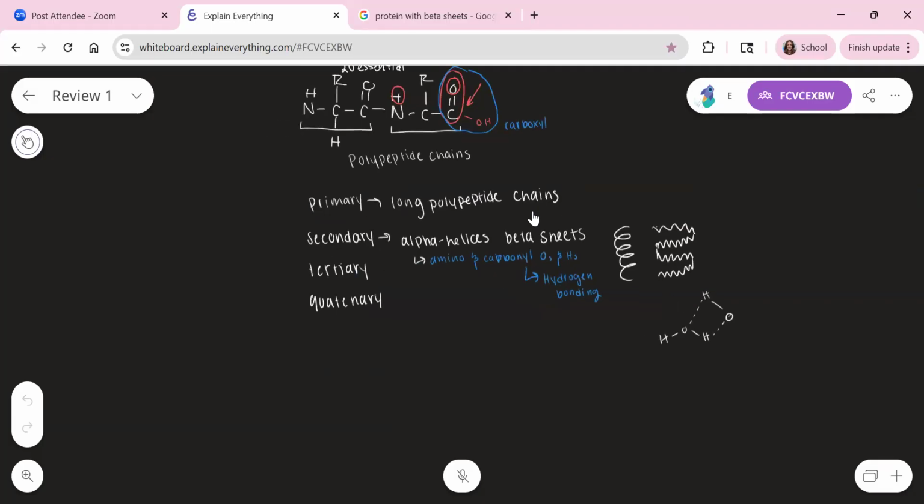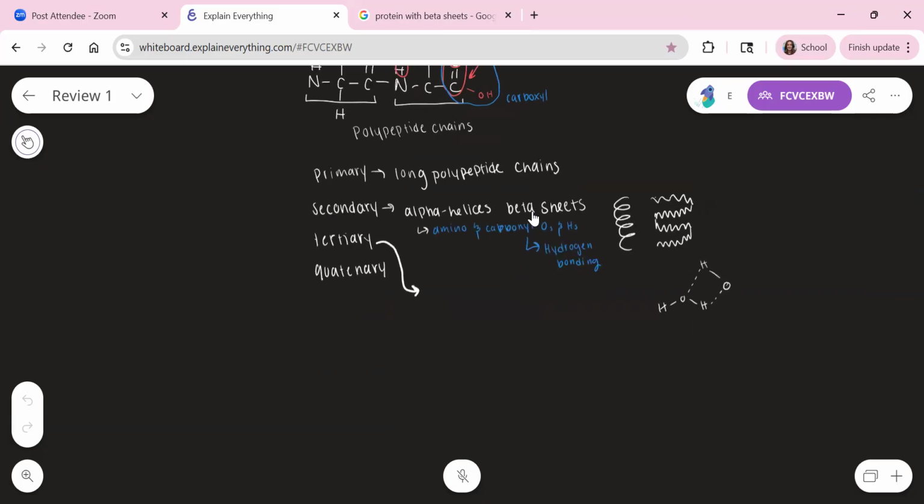Okay. And then we move into, I'm going to bring the tertiary down here. So tertiary is when we start having intermolecular interactions between our R groups.